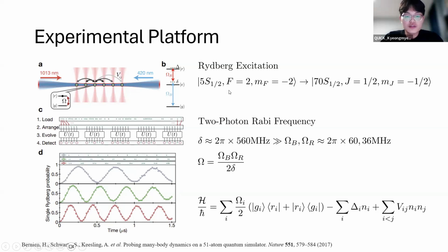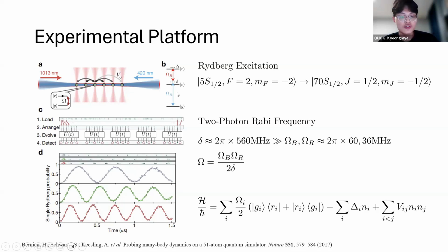If the detuning delta is too small compared to these two terms, a significant fraction of population will temporarily occupy the intermediate state, and it will cause spontaneous emission because it can decay back to the ground state or other unwanted states, which introduces some decoherence to the system.